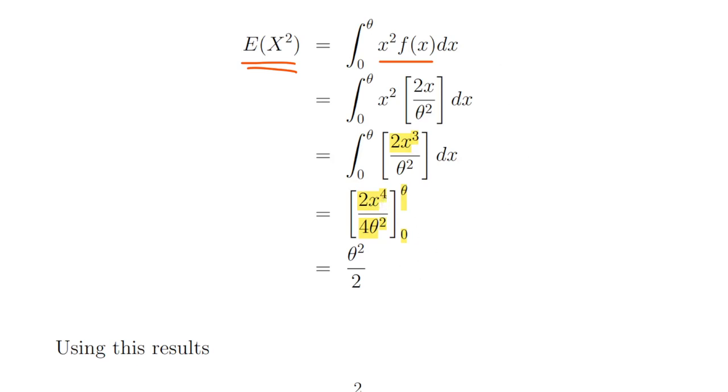Theta to the power of 4 divided by theta squared gives us theta squared, and 2 divided by 4 is 1 over 2. So we end up with theta squared divided by 2. Again we can disregard the 0 part. Don't always do that, just check it, but I mentally noted that I can disregard 0 here because it's just 2x to the power of 4. If there was a constant there, you might have to do something with it.